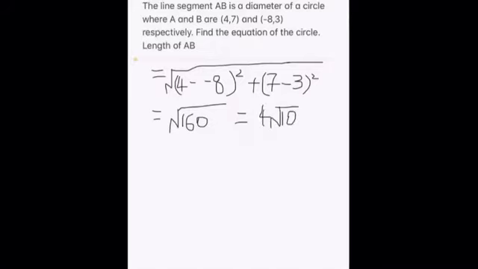Since the diameter is 4 square root of 10, the radius is half, so the radius is 2 square root of 10.